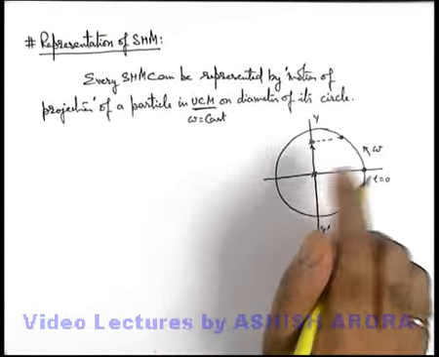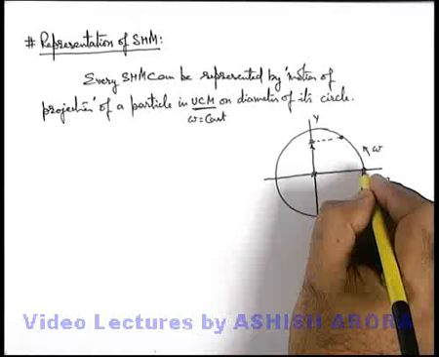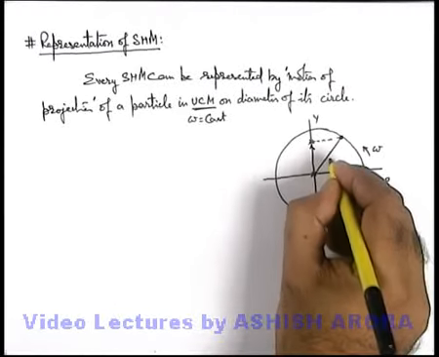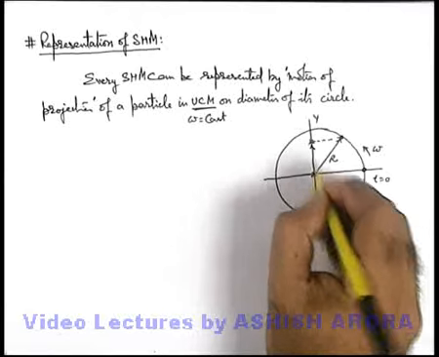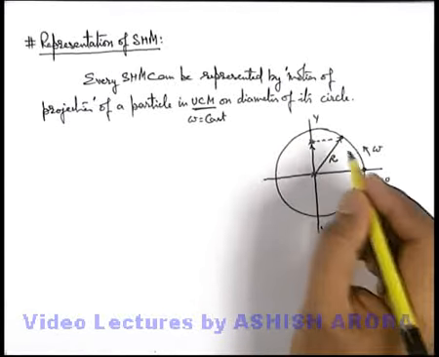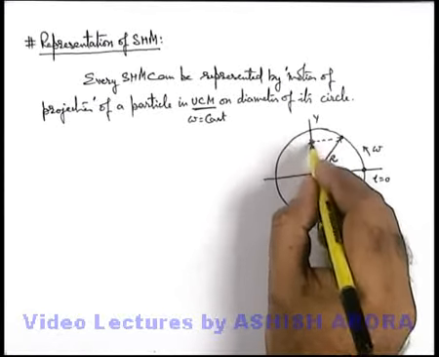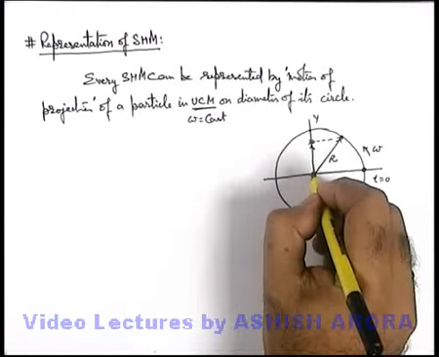Let's analyze. Say the radius of this circle is r, then for the oscillation of this projection, r will be the amplitude of motion because r is the maximum displacement of the projection from its mean position.